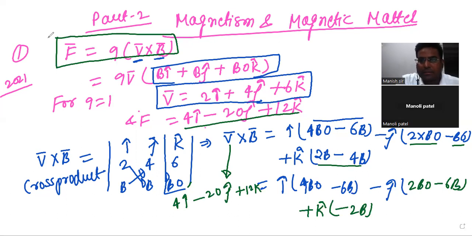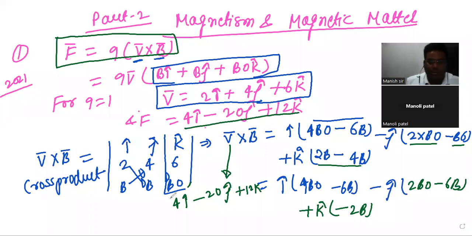So this is your F, and now equate the components. So 4I will be equal to this value, right? I will solve it on the next page by comparing both sides.